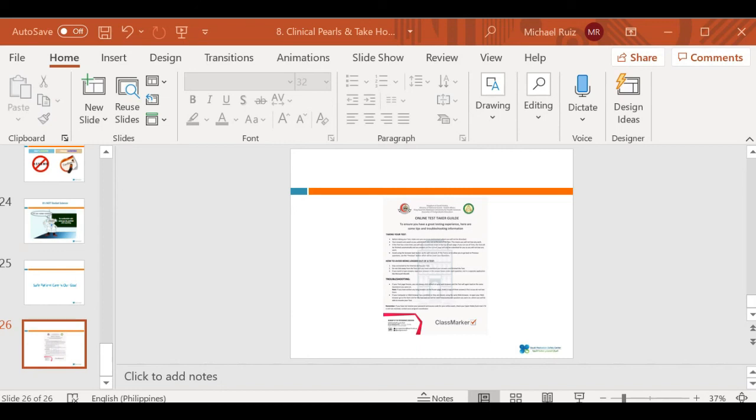Once you pass, a score will be sent to you, a certificate of completion will appear, and there will be an email announcement of your taking the exam, like a reply email.